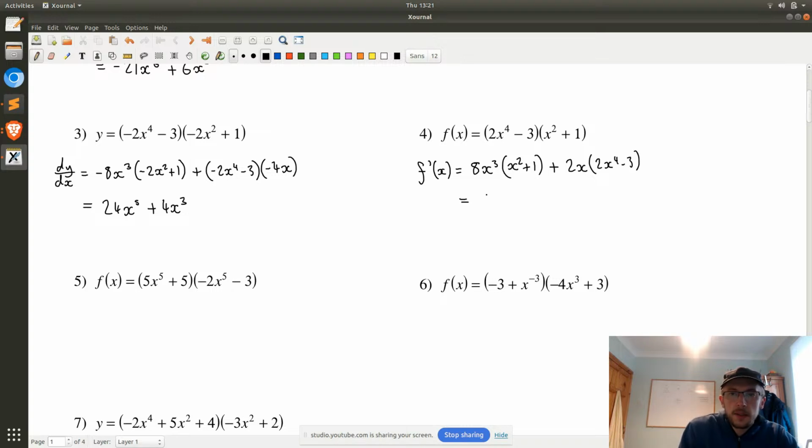And now bring them together. Fifth power and another fifth power there. All right, so 8 and 4 makes 12. 12x to the 5. And that's a cubic term right there. And that's a linear term right there. And we check.